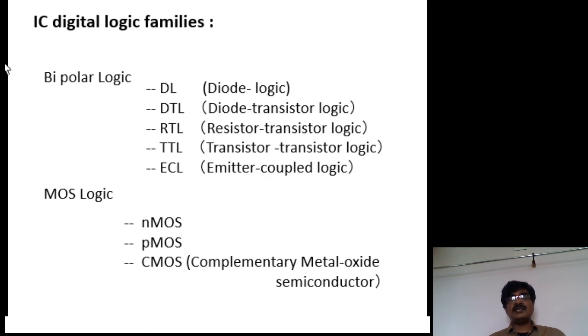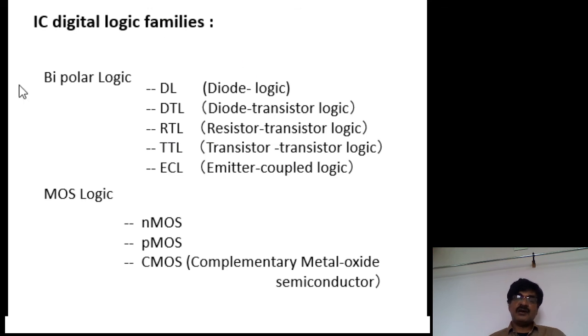The classification is mainly two classes: the bipolar logic family and the MOS logic family, and these are the subfamilies under bipolar logic and under MOS logic. Out of all logic families, the widely used logic family is CMOS. Under bipolar logic families, the very popular family is TTL.